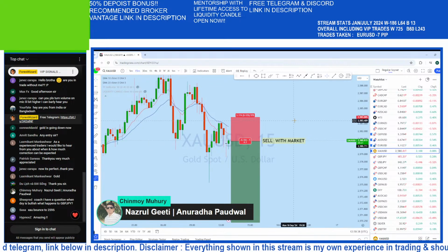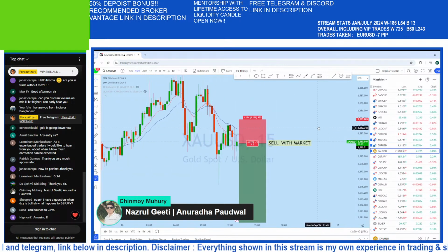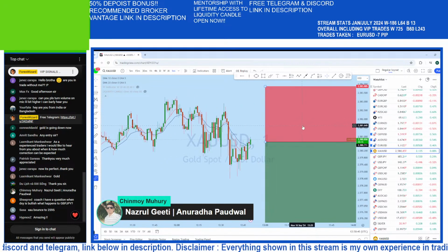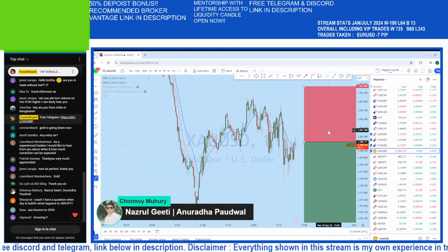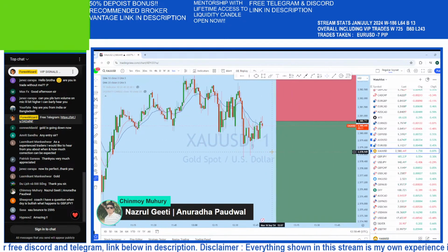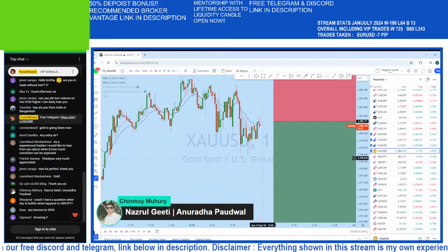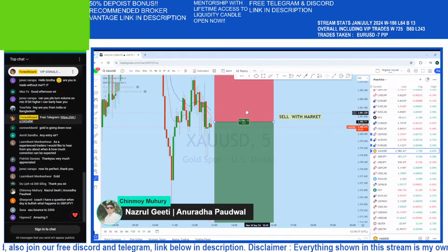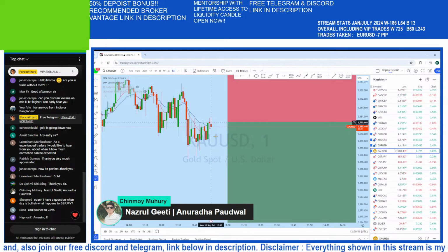I don't want to see that bounce from here, as I'm expecting it to break below. Okay, so this is the 1 minute, and let's see if it is forming a liquidity candle. You might see that ultimately the market breaks below that support level.